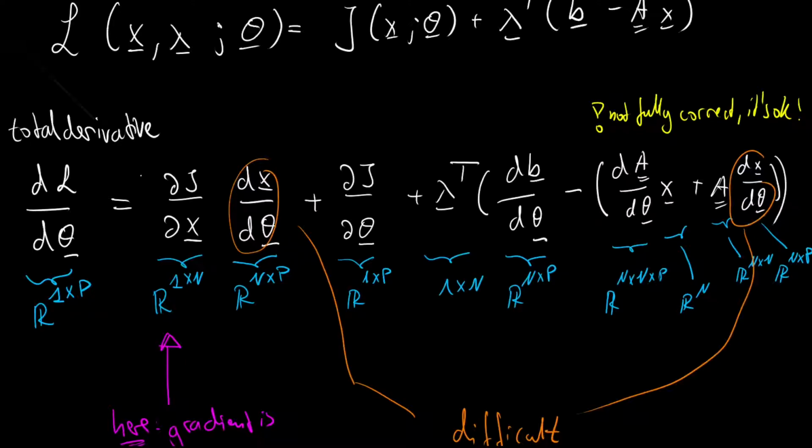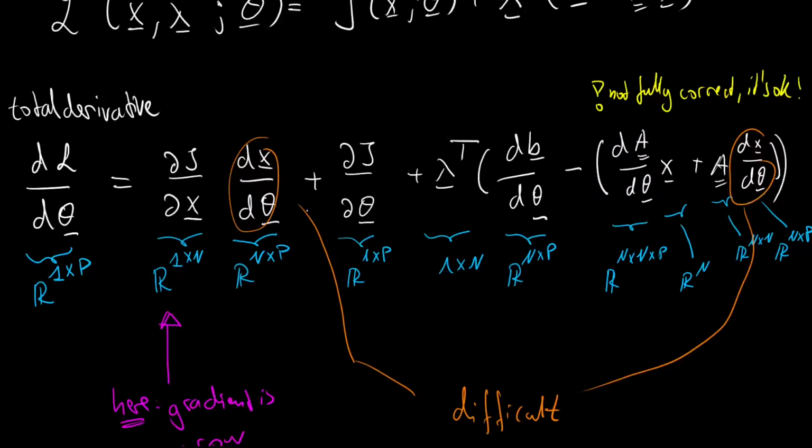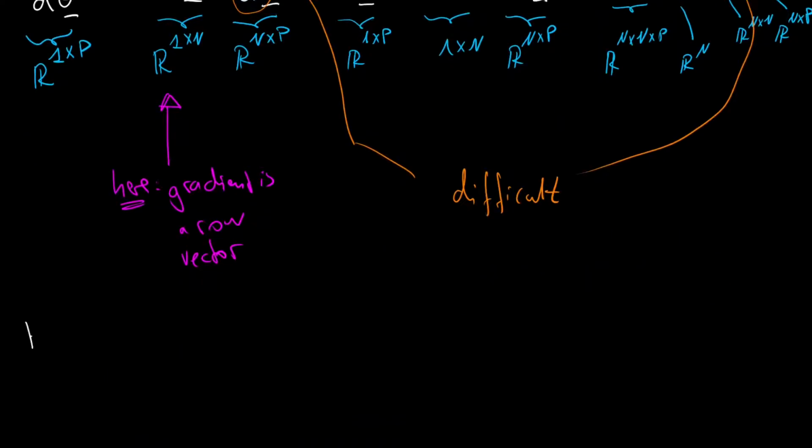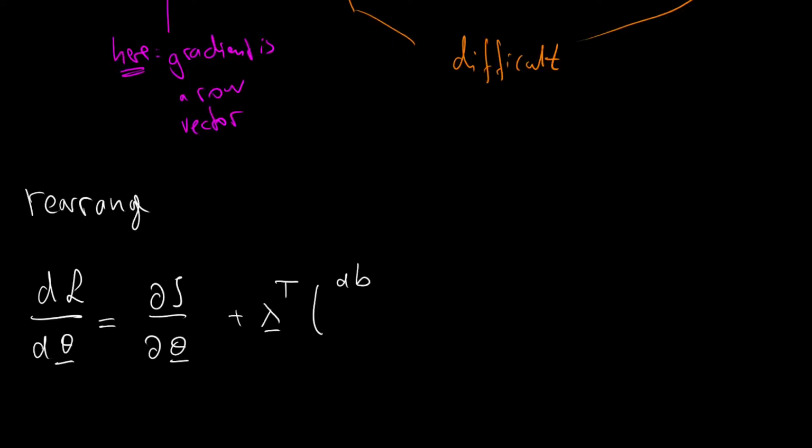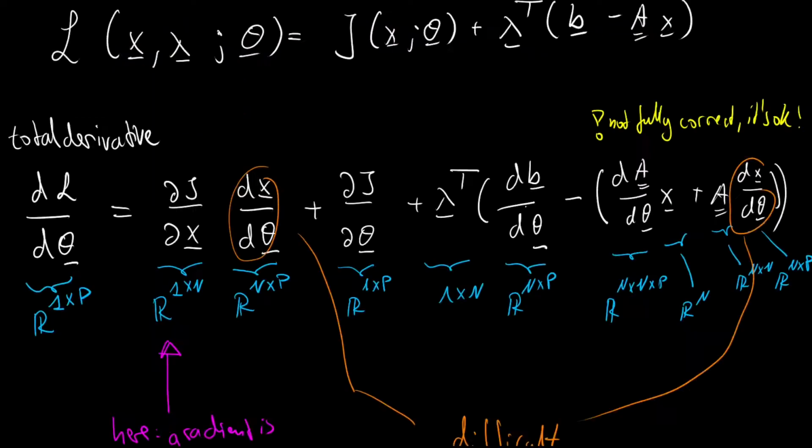And in order to do this, let me rearrange this equation a little bit differently. So I will say some rearrangement. We still have the total derivative of the Lagrangian with respect to theta. And we first have partial j partial theta, then plus lambda transpose of dB by d theta, which is this quantity.